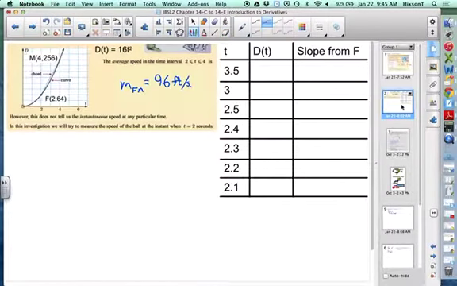So instead of this long time interval, if I made t equal to 3, then I'm only looking at this time interval. So there's not as big of a difference. That means my average will be closer to what the speed was at 2, right? Does that make sense?